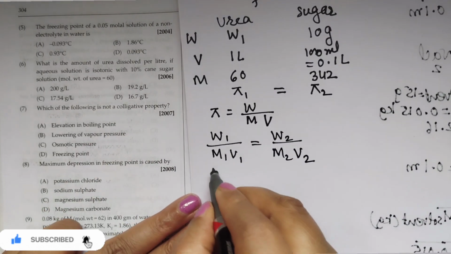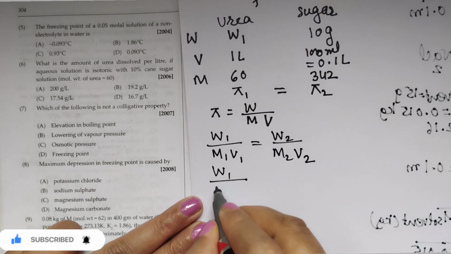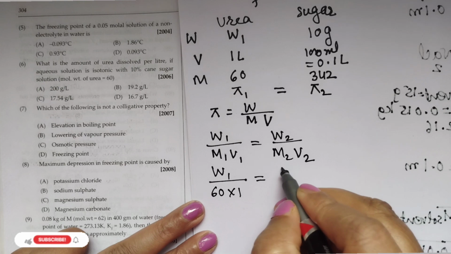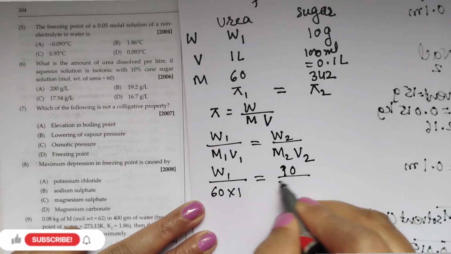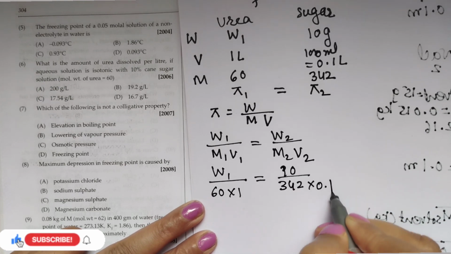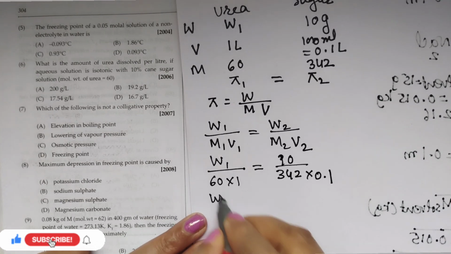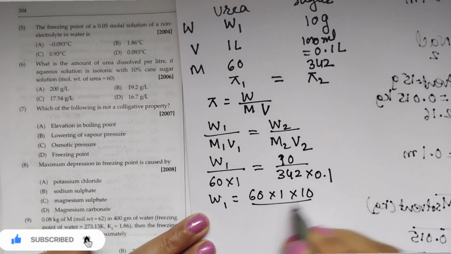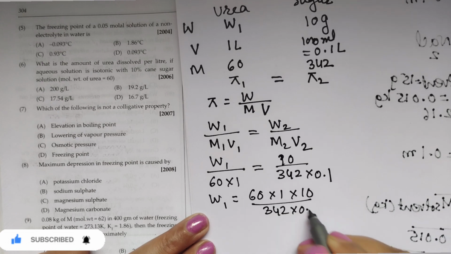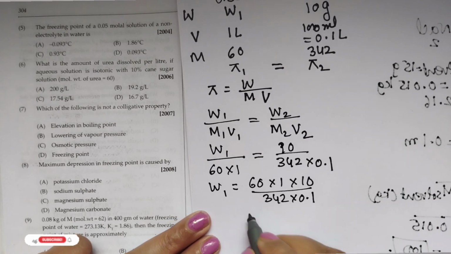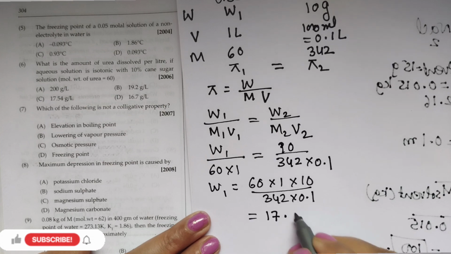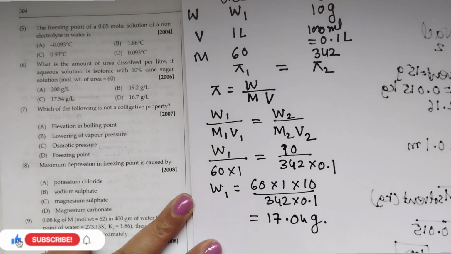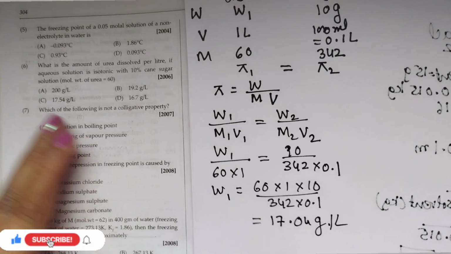Let us substitute the values. W1 upon 60 into 1 is equal to 10 upon 342 multiplied by 0.1. By calculating this, W1 is 60 into 1 into 10 upon 342 into 0.1. By solving this, you get the answer as 17.04 gram per liter. So the answer here is the third option.